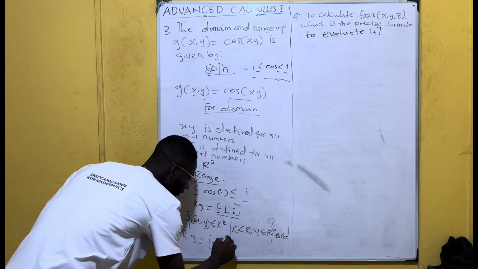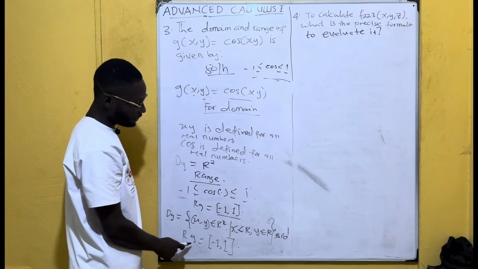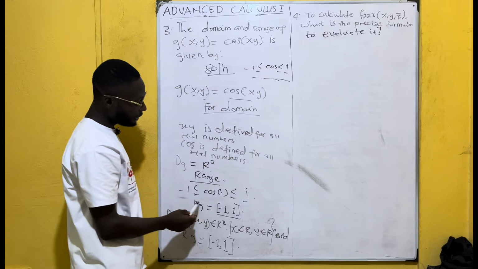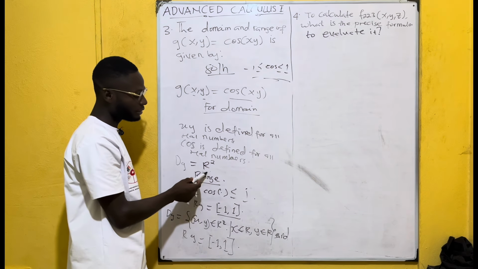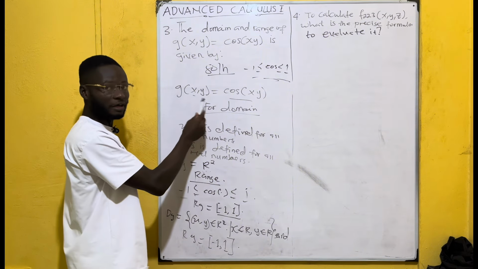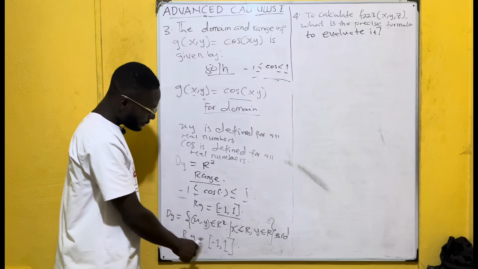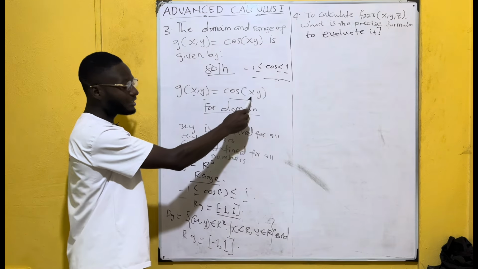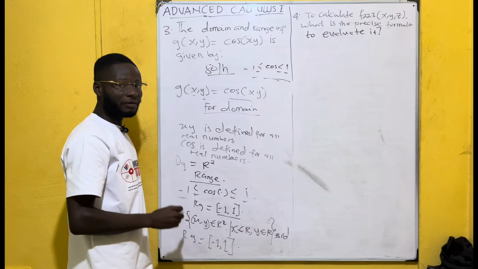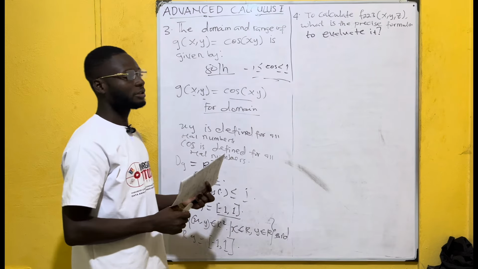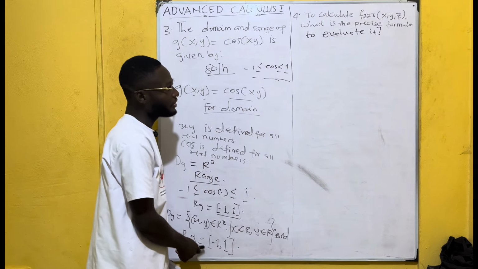So the solution to this function is that the domain is all real numbers, R squared, because of the two variables. If it were only one variable, it would be R. Then the range, because it is cos, is within -1 and +1 inclusive. So that is the solution for question number 3.